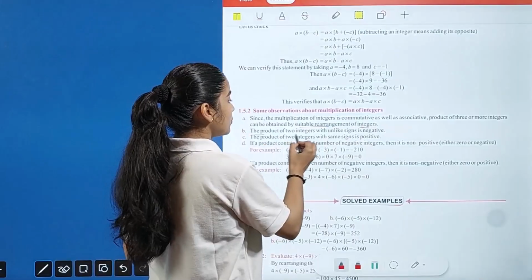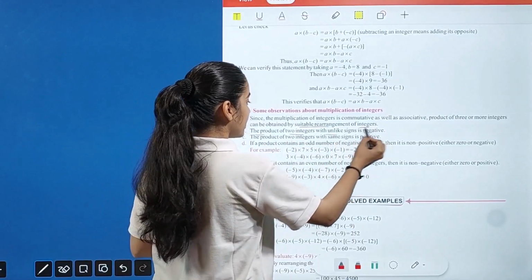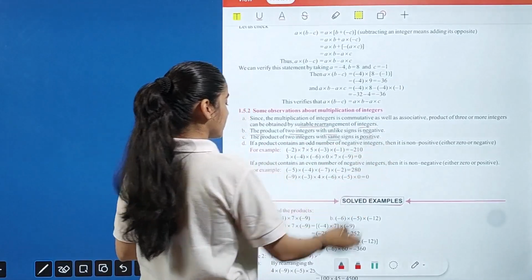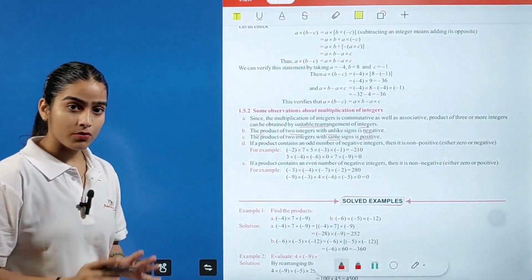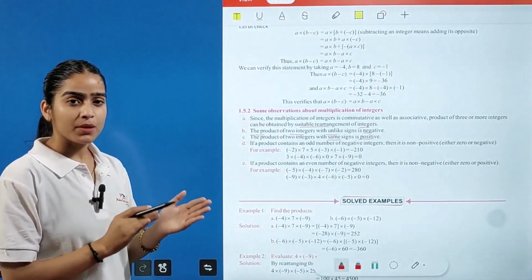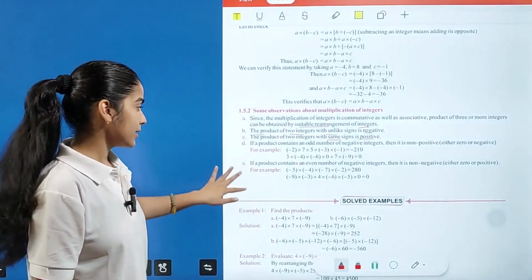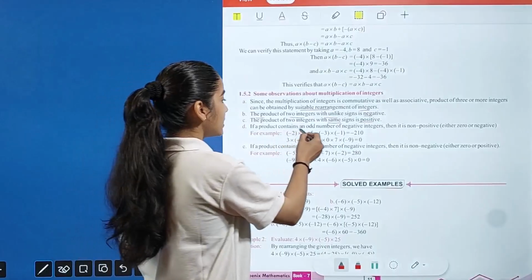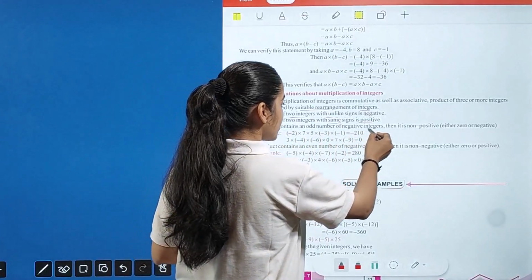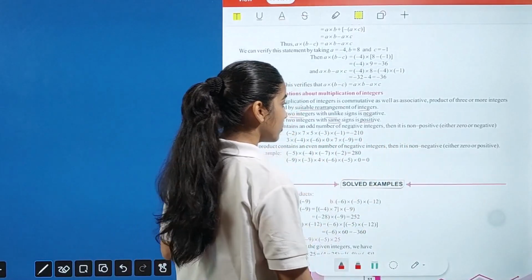The product of two integers with unlike signs is negative, and with the same signs is positive. So if you have plus minus, you always get minus, but if you have plus plus or minus minus, the same sign, you will always get the positive sign. If a product contains an odd number of negative integers, then it is non-positive, either 0 or negative.